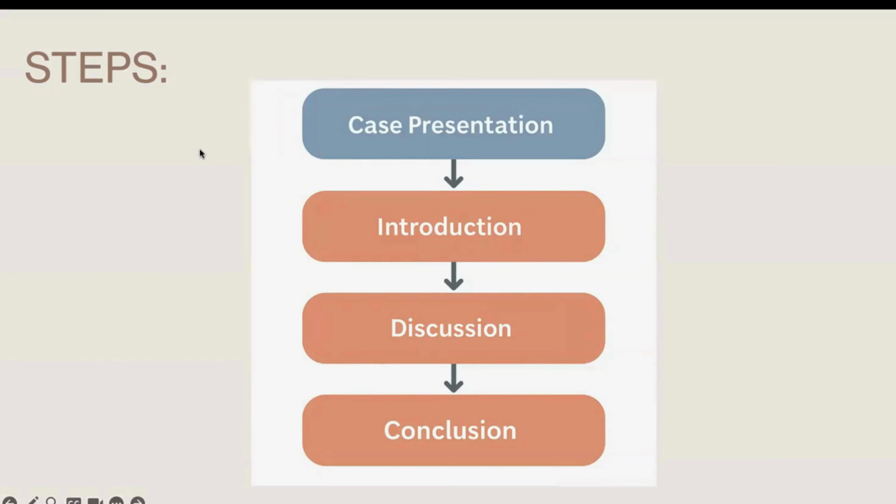There are a lot of ways you can construct a case report, but my favorite, because it's the easiest, is this one. You start with a case presentation. This is the first part you write about the case. You can go to either the introduction or discussion or vice versa, leaving the conclusion at the end, and we'll talk about the abstract later.